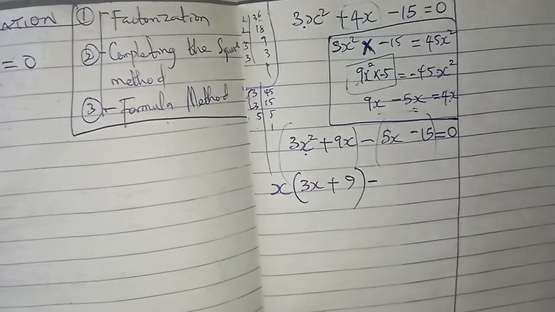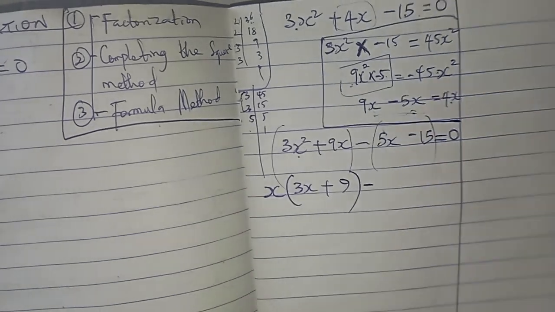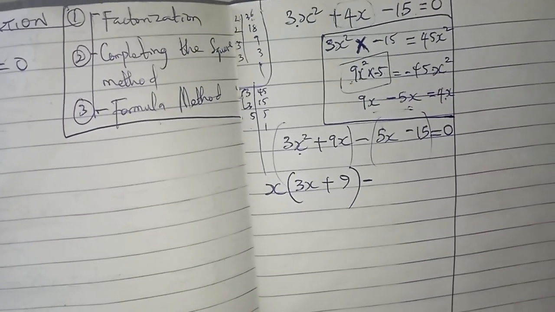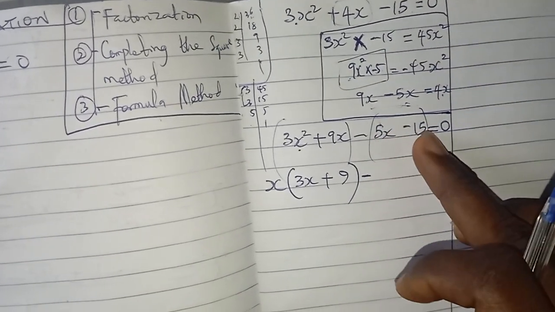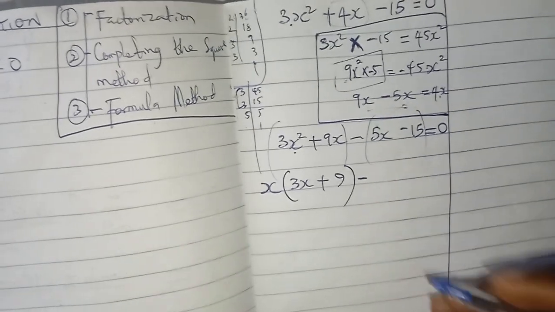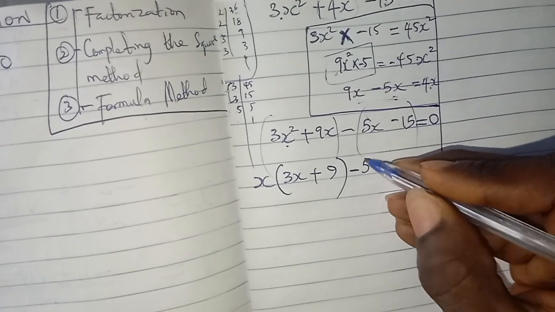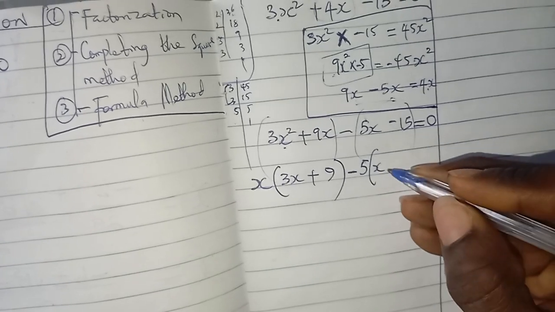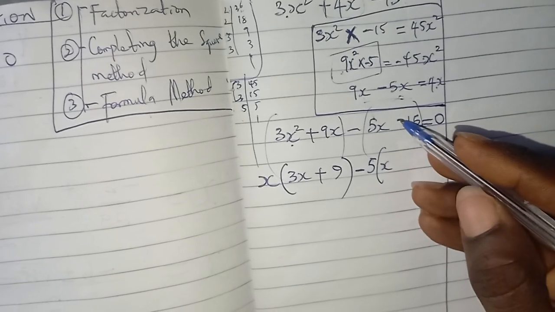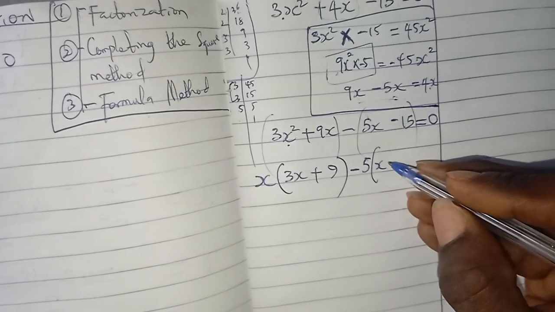Let's check. I have 5 and I have 5 here, and 5 can go into this. So let's bring out 5 outside. If 5 goes here, it will have x. Then notice that there's a minus here, so let's put plus here.